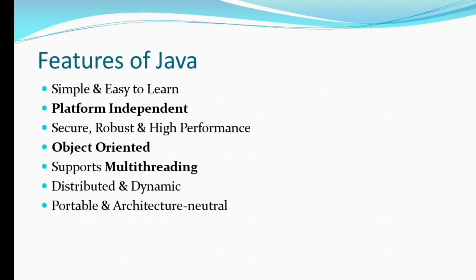I hope it is clear about the features of Java, right? It is very simple. Platform independent means we can run our Java code on any operating system. It may be Linux or Windows or Mac. Secure, robust, high performance. It is a very secure programming language because it follows a two-step process.